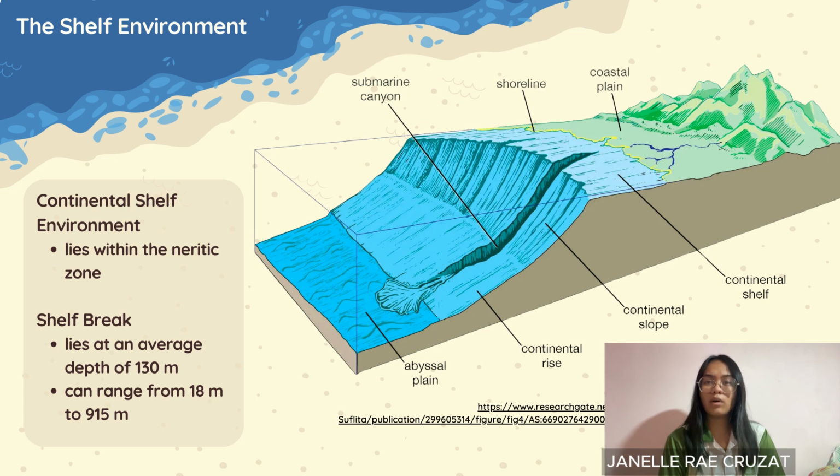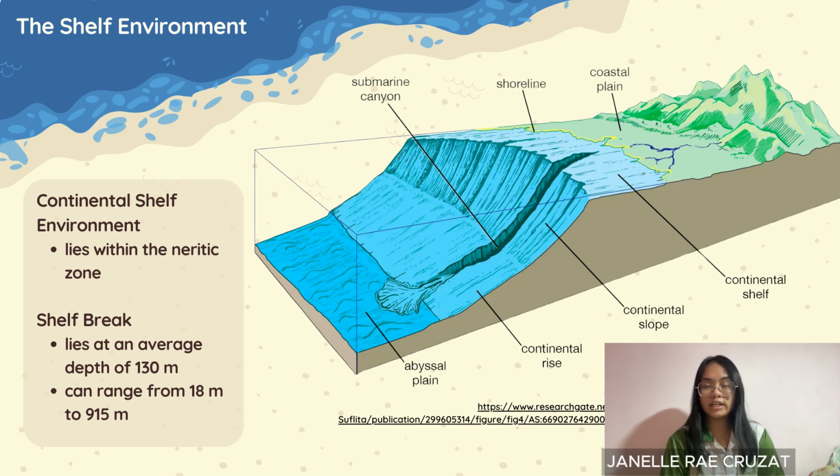This makes it one of the most productive regions of the ocean. And then, since the water column in the neritic zone is relatively warm, it can support ecosystems like coral reefs, kelp forests, and large populations of fish, plankton, and other marine species.